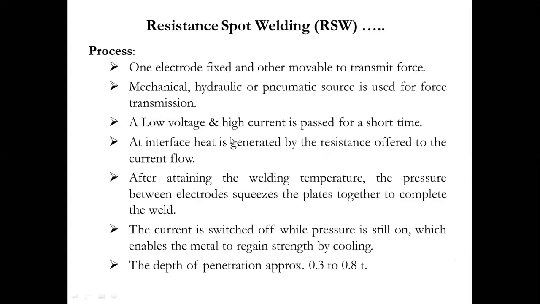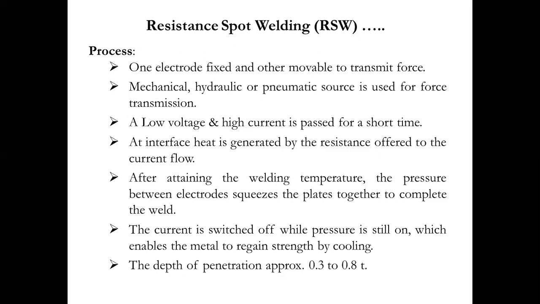The process is the same. You will use low voltage and high current. As it is passed for a short time, heat will be created because of the resistance offered to the current flow. And at this temperature, both the metals will start fusing, right?